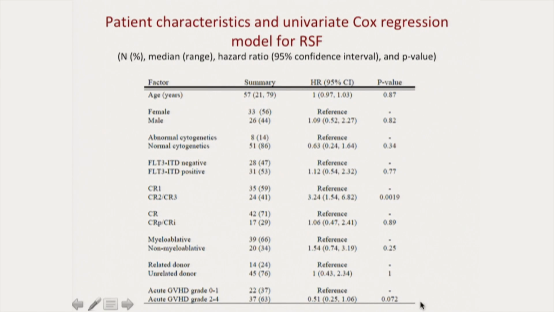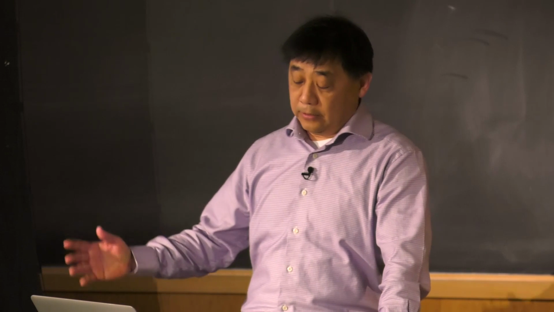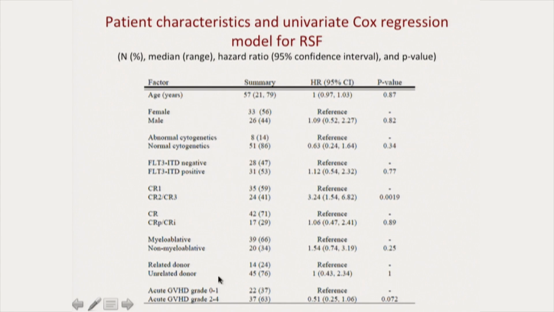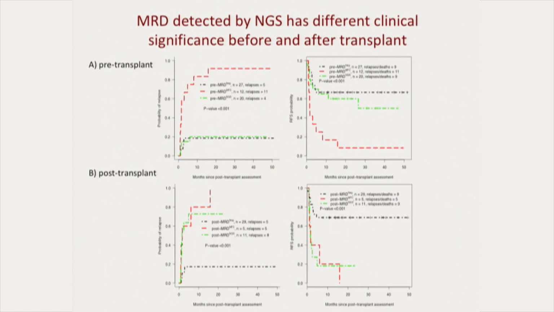And we showed individually the disease status is significant. If a patient has relapsed before, they have a worse prognosis compared to the other patients, and the acute GVHD is borderline, not quite significant, but perhaps because of the limited number of patients.